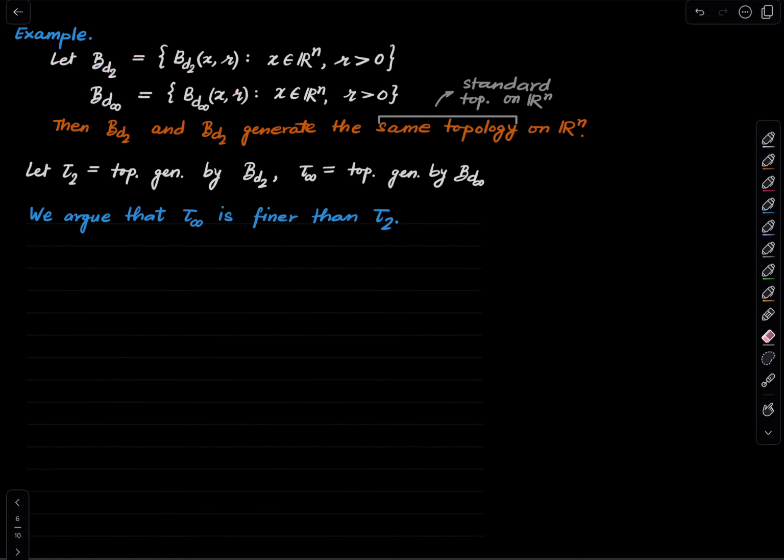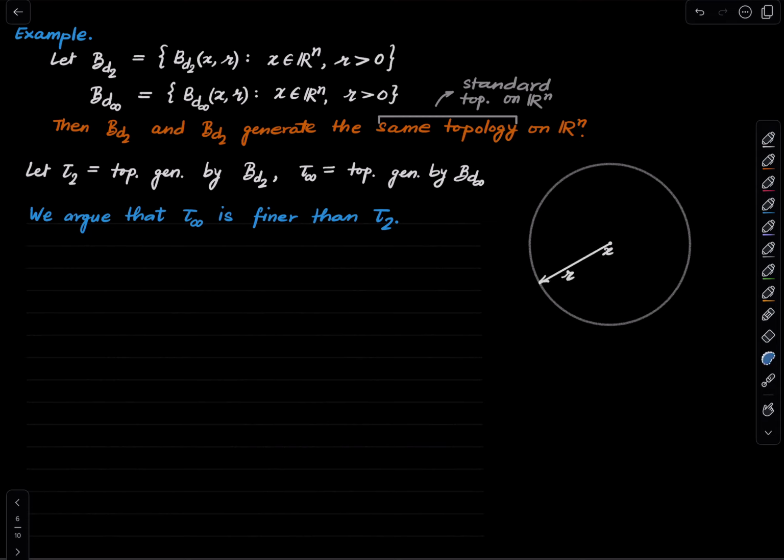Let me write that down in terms of pictures. So we will pick some arbitrary element in the basis that generates tau 2, and that looks like this. Let's say we have the center, let's call it x, and the radius is, let's say, r.